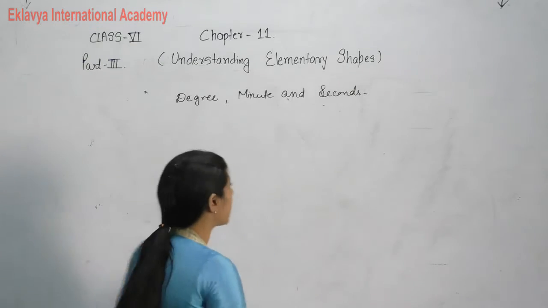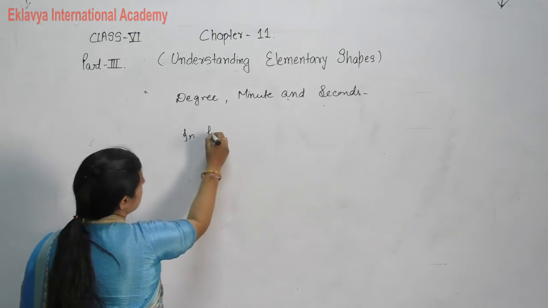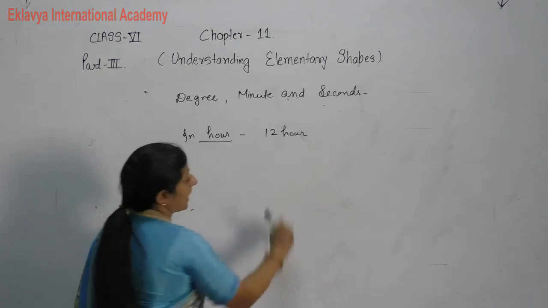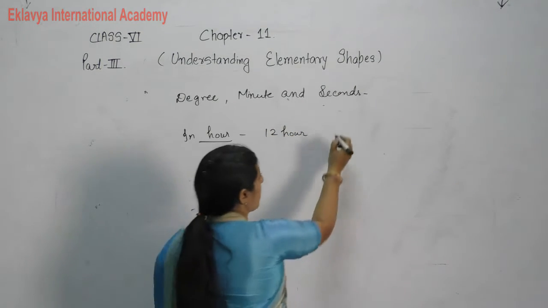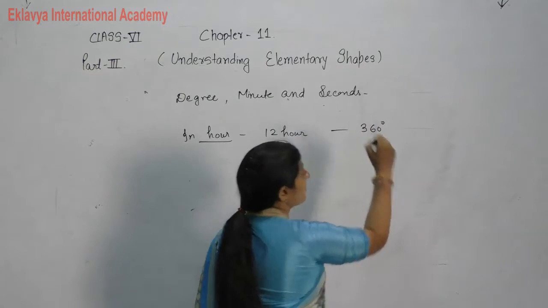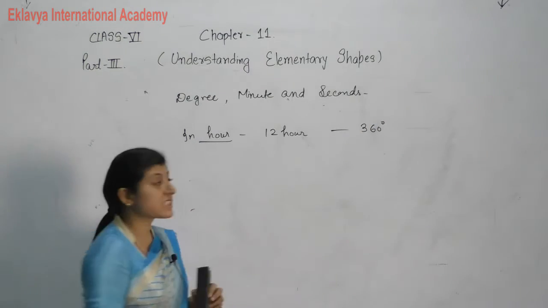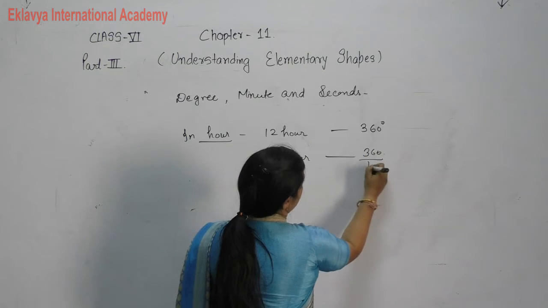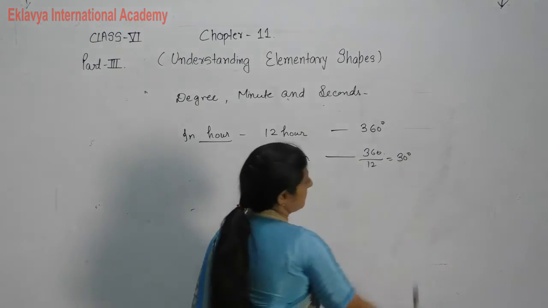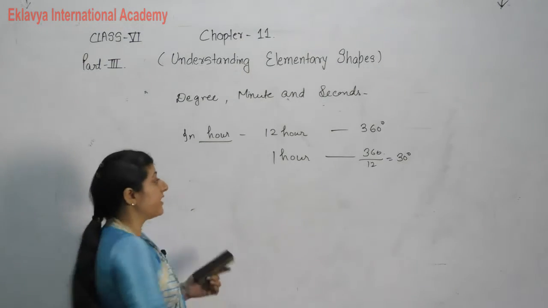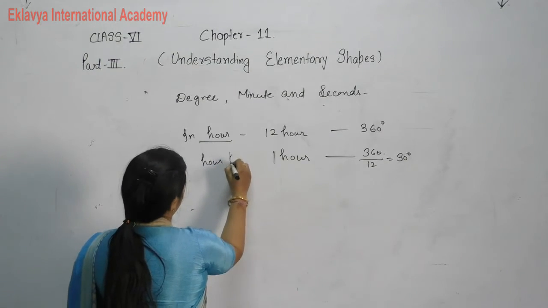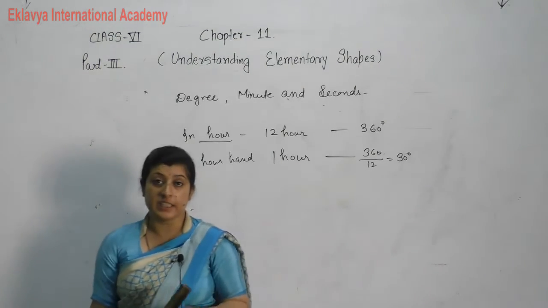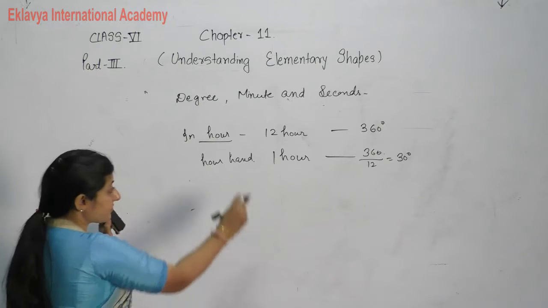I already said that in hours, the total is 12 hours. When these 12 hours complete, it makes one revolution, which is equal to 360 degrees. It means in 1 hour, 360 by 12 is equal to 30 degrees. In 1 hour, the hour hand makes 30 degrees.